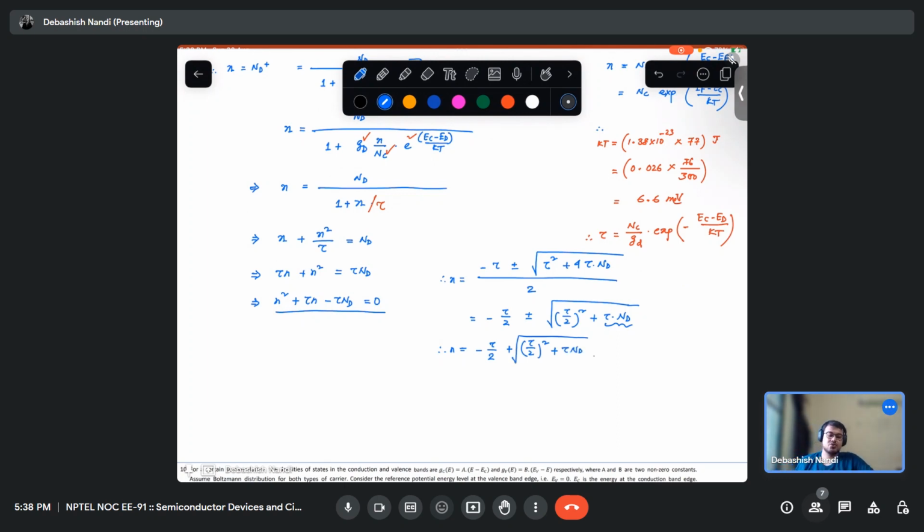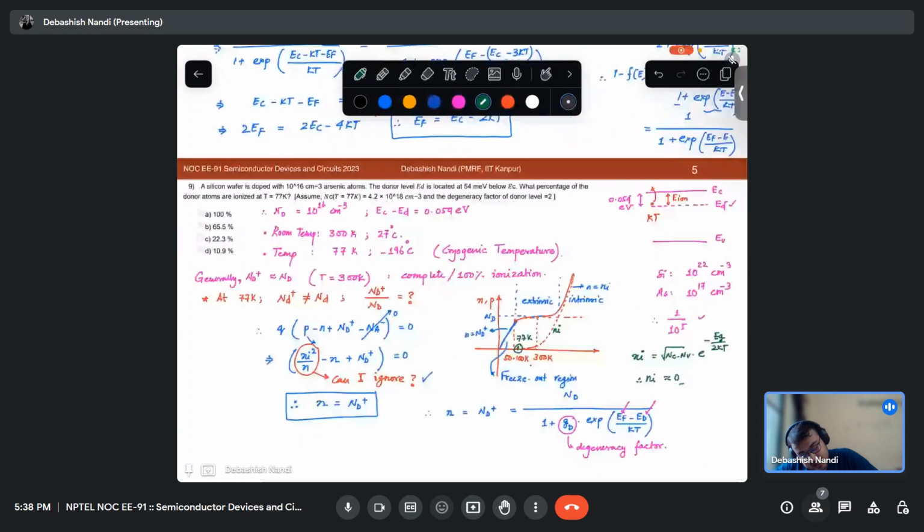Now what are the things you need to find out? You know Nc, you know Gd. Are these given in the question? Yes. Gd is given as 2. Your Nc is given as 4.2 into 10 to the power 18.